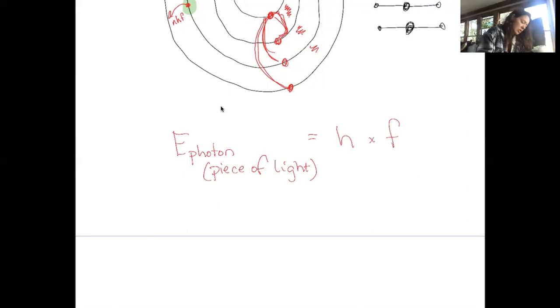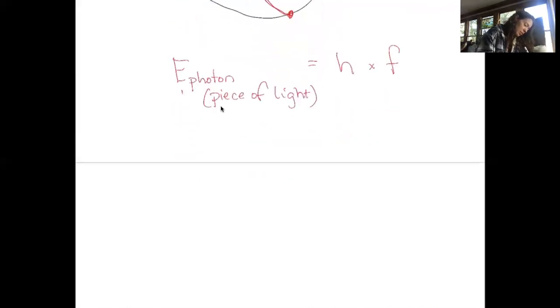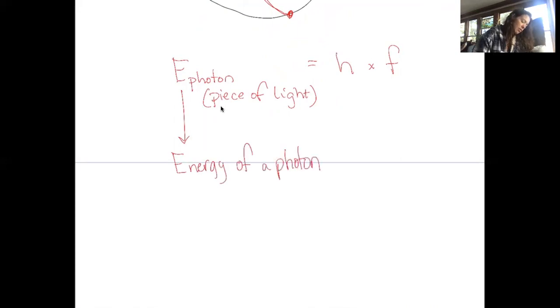Okay, so E is for energy of a photon, right? What is a photon? It is a piece of light. It is measured in joules, which is abbreviated J. Okay, h is Planck's constant.